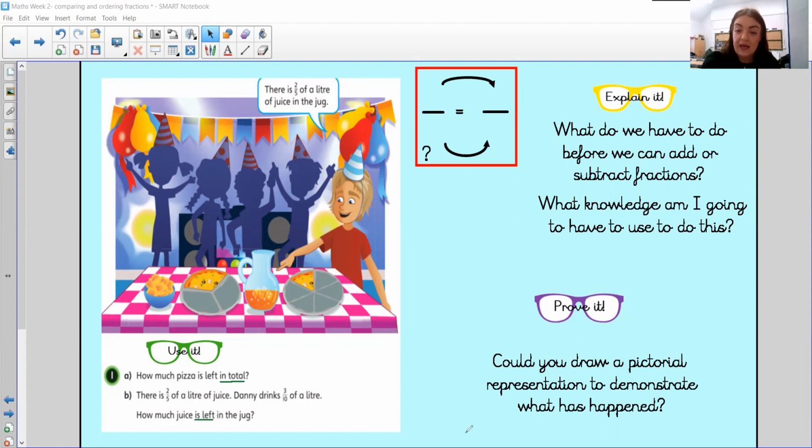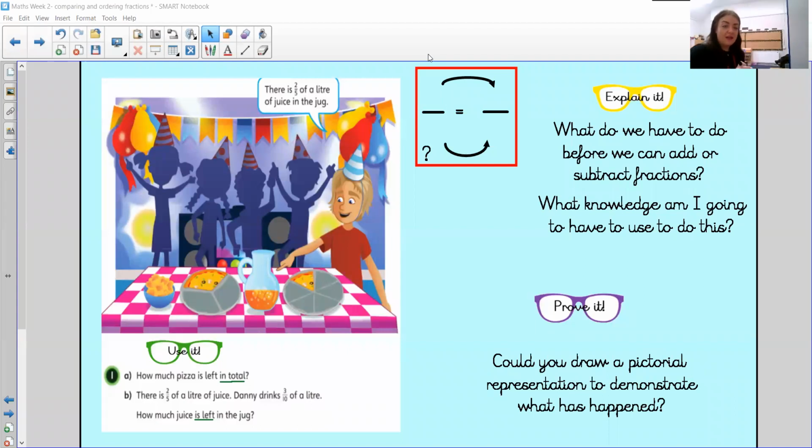And as always, are there any drawings or diagrams that you could use to help you to find out if you are correct, or to help you to solve this problem? There's a little clue of a diagram you might want to use there that's going to help you, and what we've just done in our fluency. So question A and question B. Once you've done those, come on back to see how you got on.